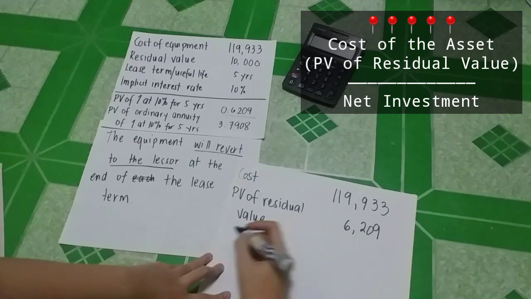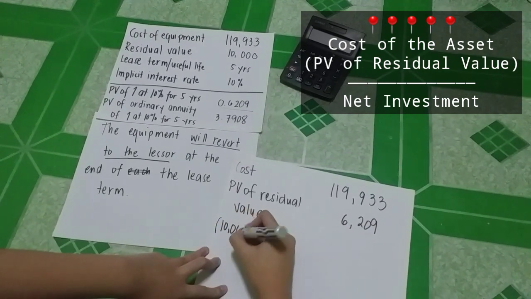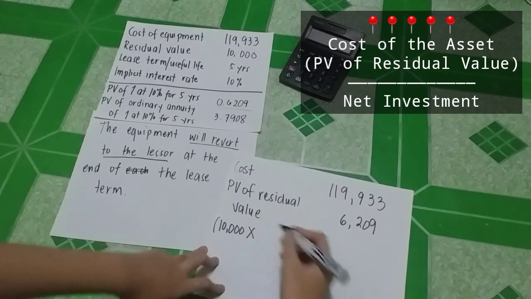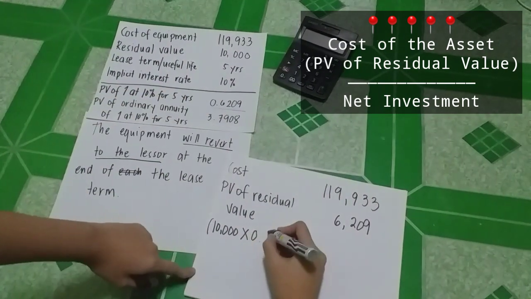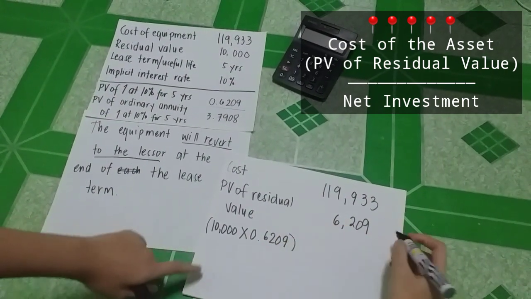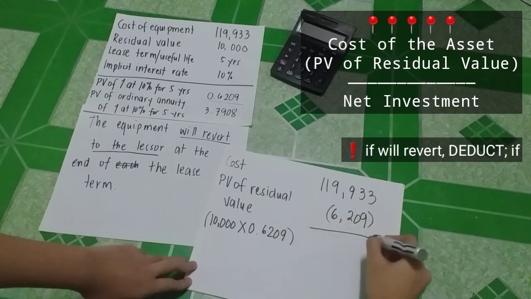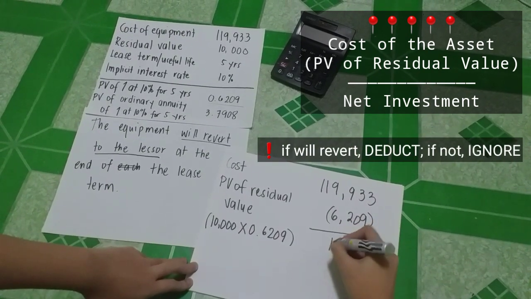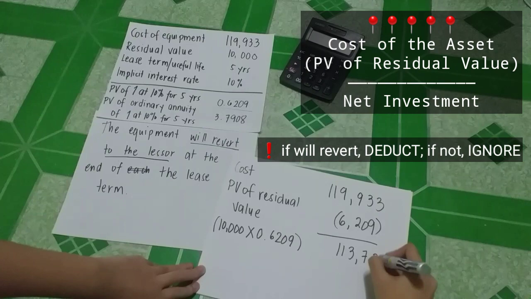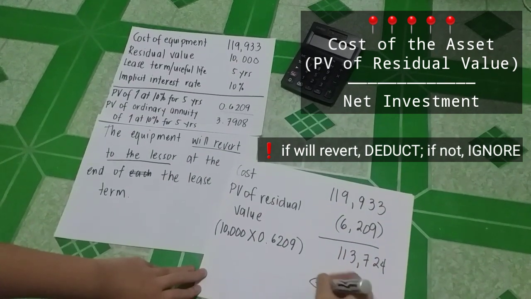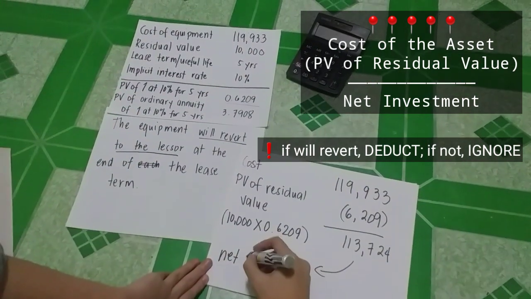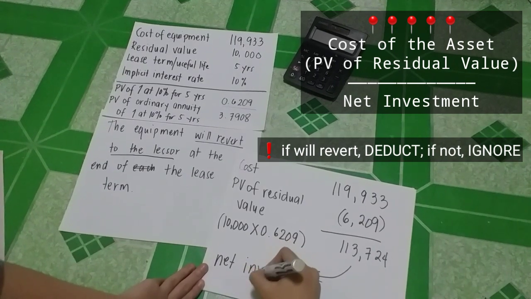Paano nakuha to? The residual value, which is 10,000, multiply by this 0.6209. So, deduct, and we will have now 113,724, which is the net investment to be recovered from rental.